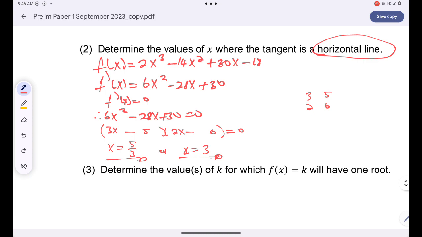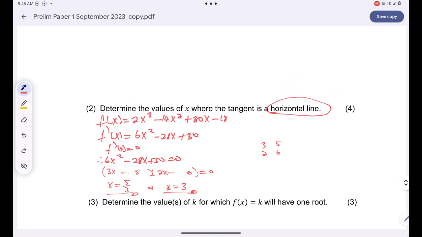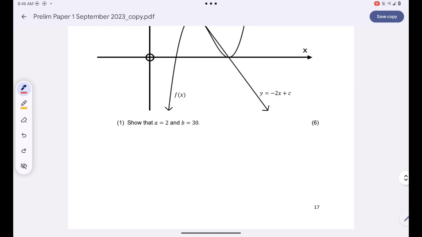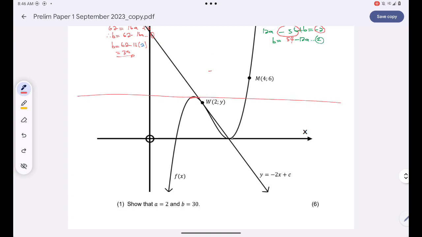So these are the solutions, guys, whenever the tangent is a horizontal line. Our tangent will be a horizontal line over here at the turning point and over there as well.